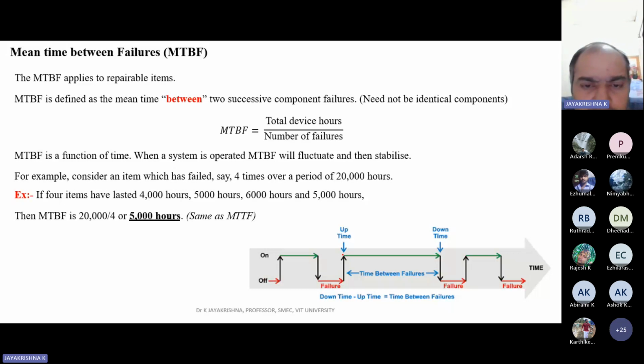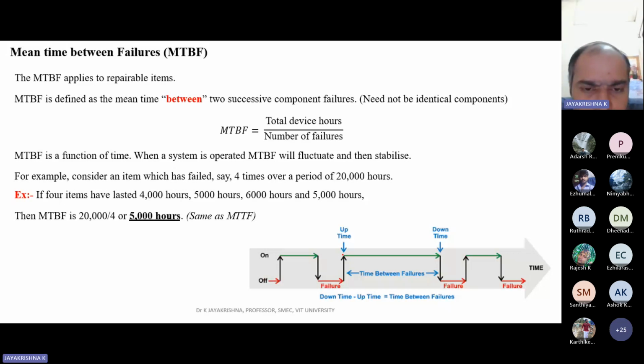I'm buying a bike, and you are riding the bike for 20,000 hours. In the 20,000 hours, your bike has failed 4 times. The first failure happened after 4,000 hours. Then you repair it, and after 5,000 hours the bike has failed.